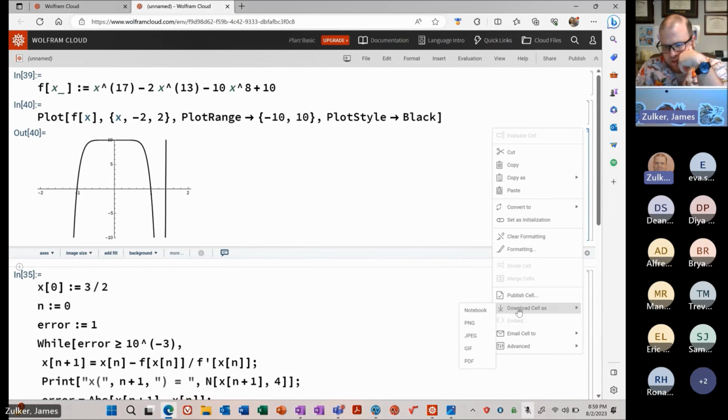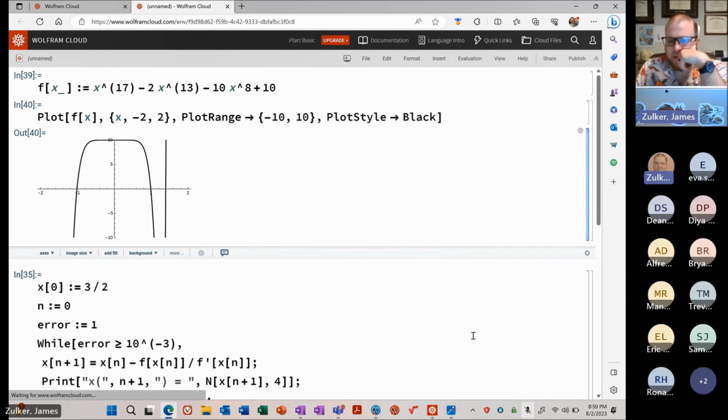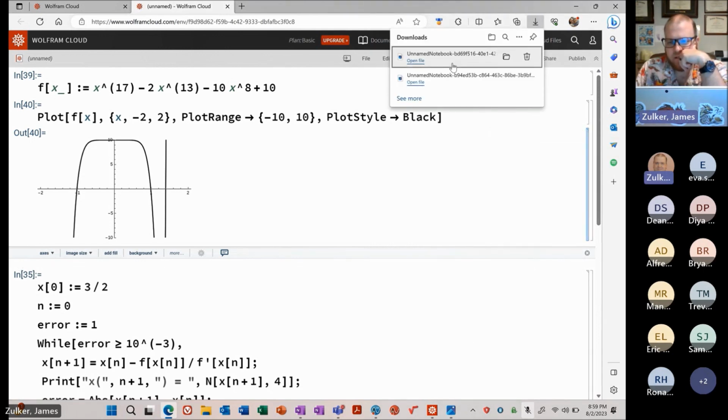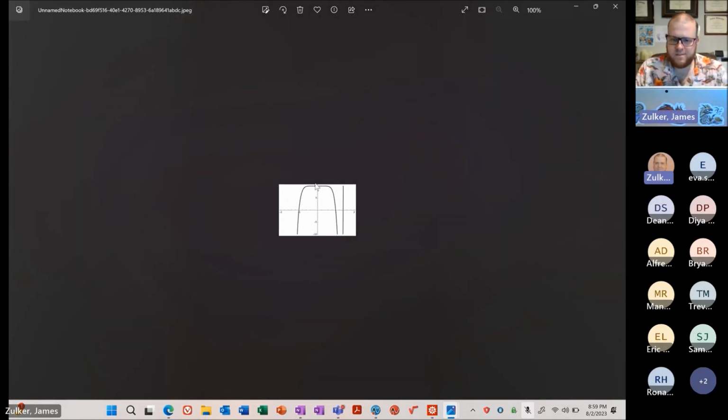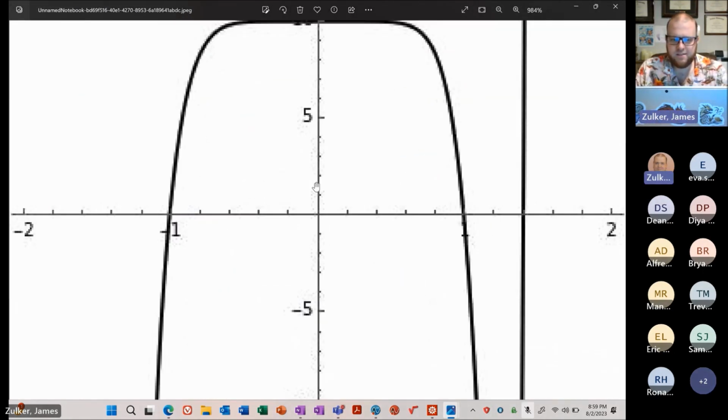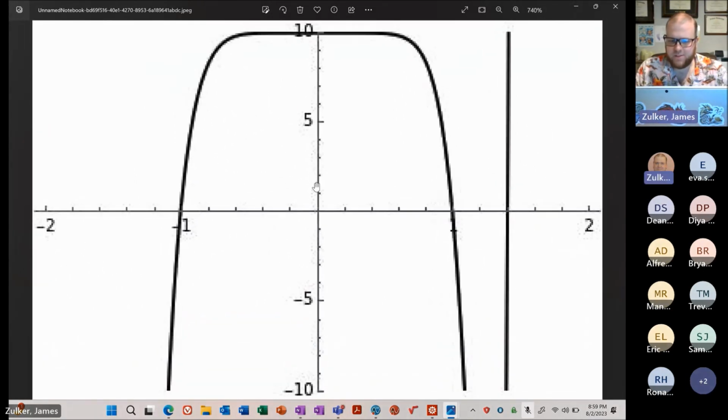Now let's download that. It's a JPEG again. Zoom in. All right, so there's 3 roots on this interval.